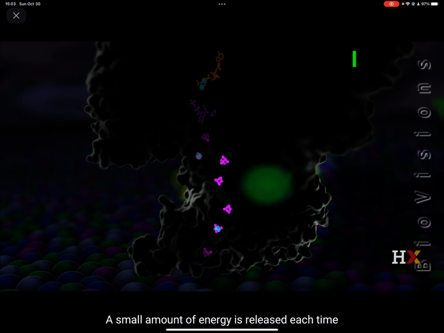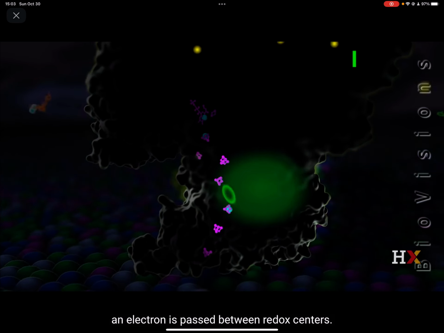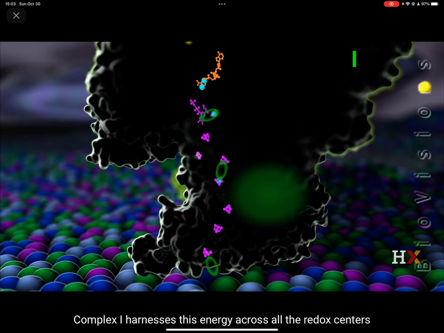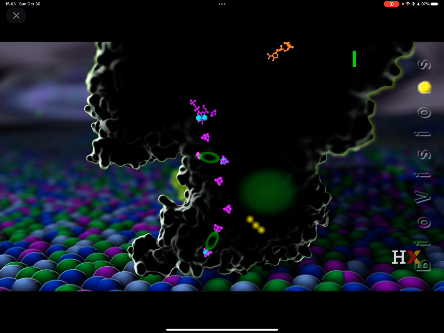A small amount of energy is released each time an electron is passed between the redox centers. And complex 1 harnesses this energy across all the redox centers and uses it to pump the protons across the membrane.